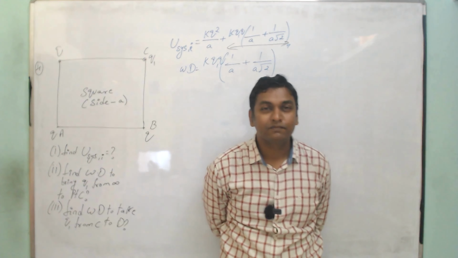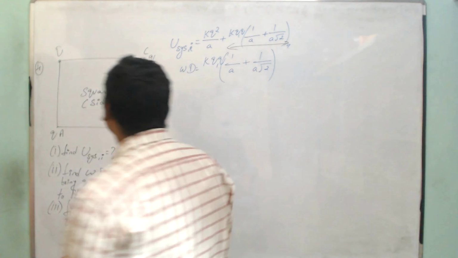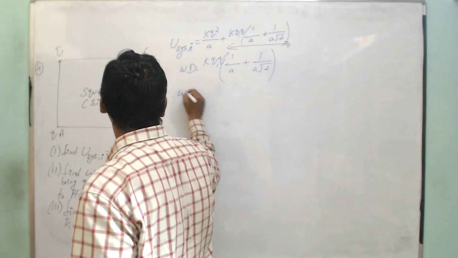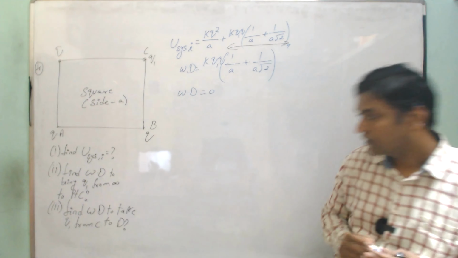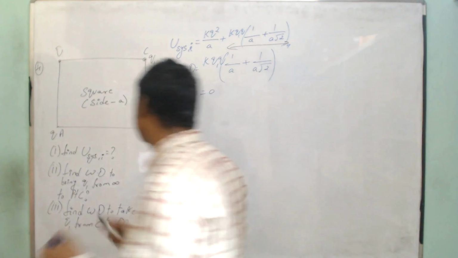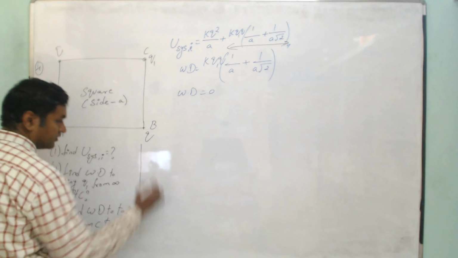It'll be zero. Good. Because of symmetry, work done will become zero. Now, fourth question. This you'll have to solve.